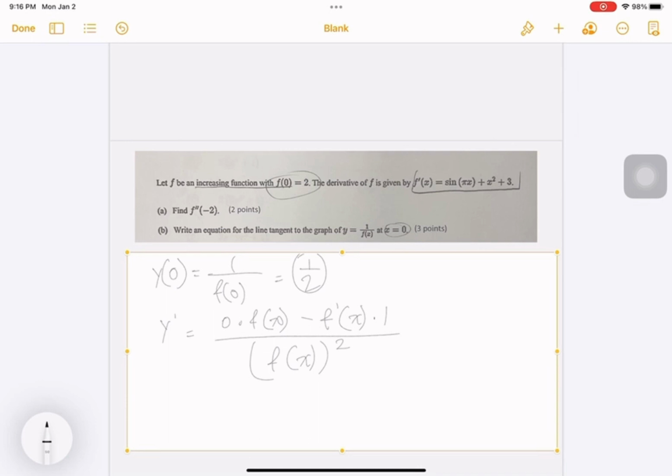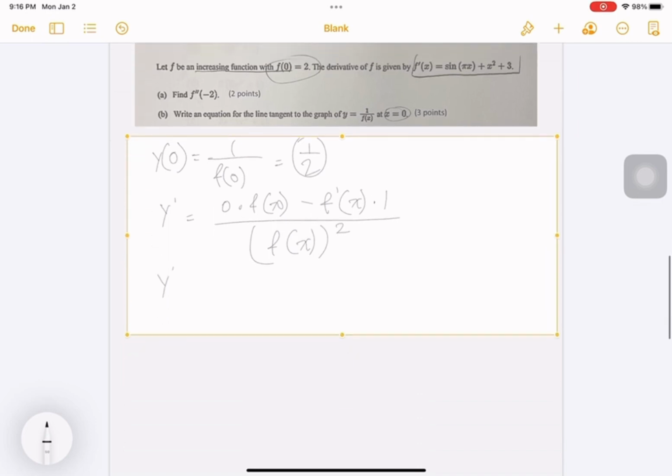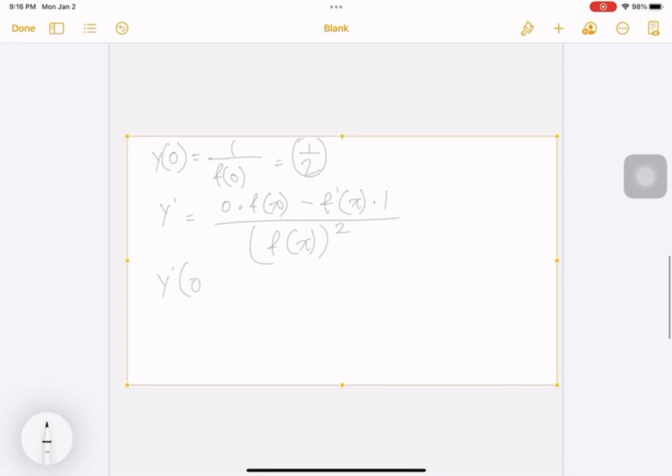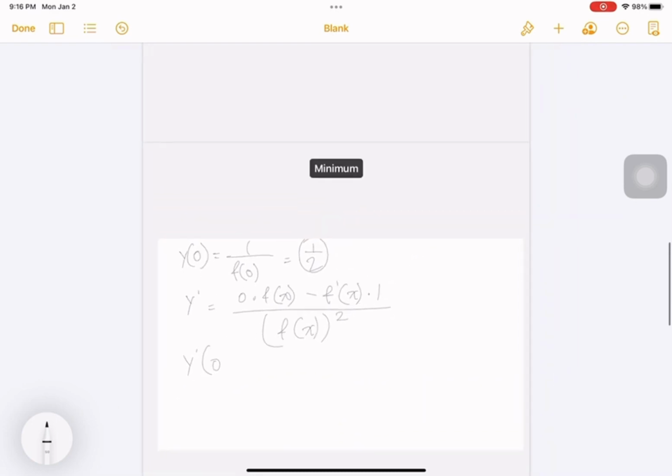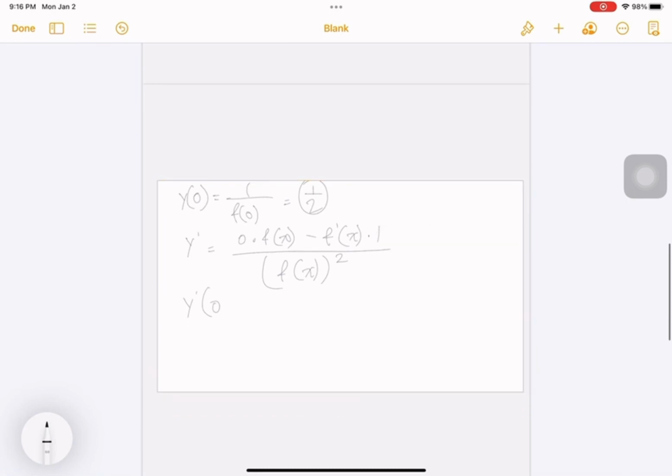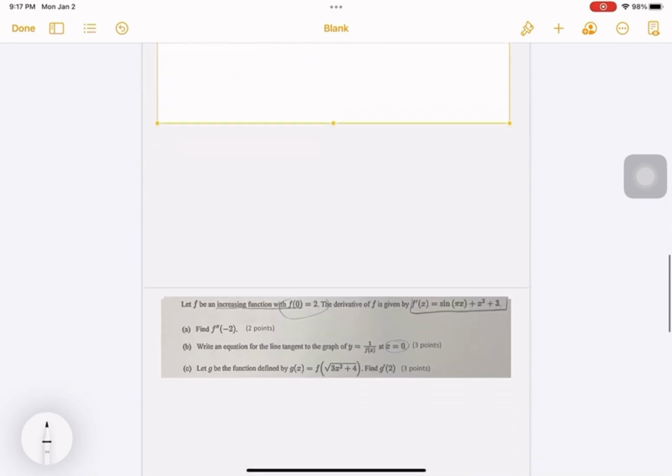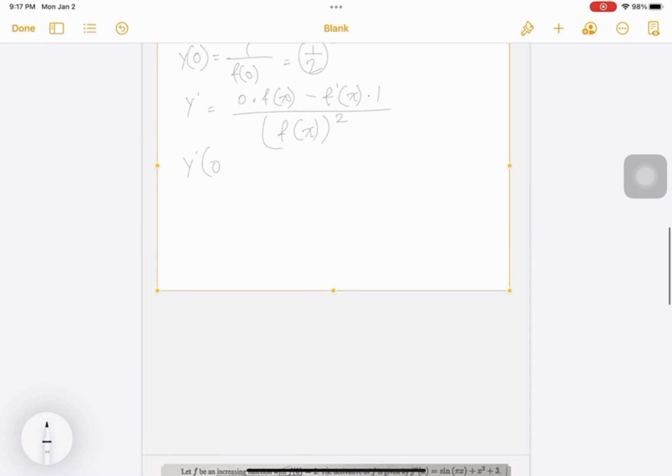So now if we substitute in for y, if we try to solve for y prime of 0, we're going to have to, the question is down here. I can look at it over here.